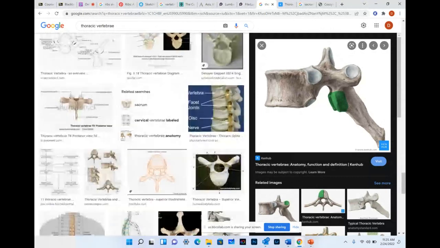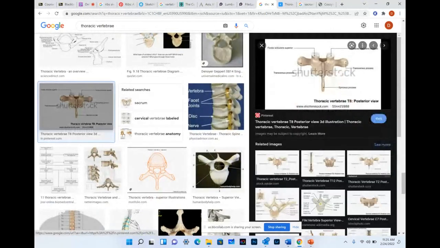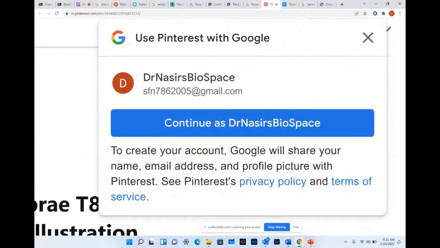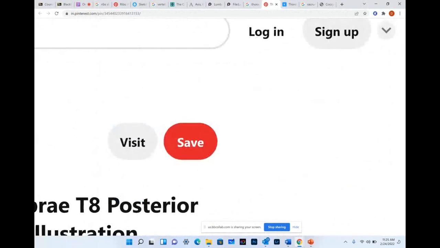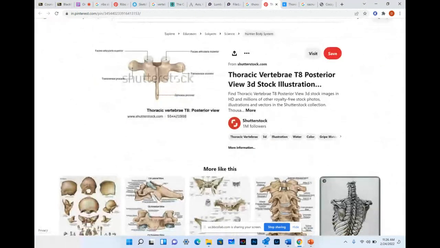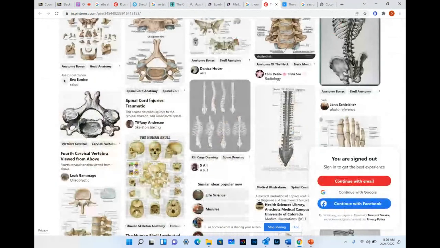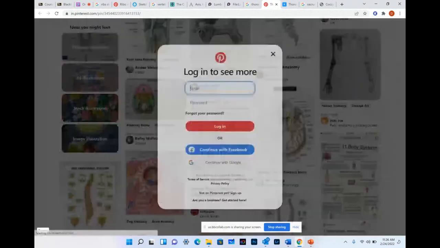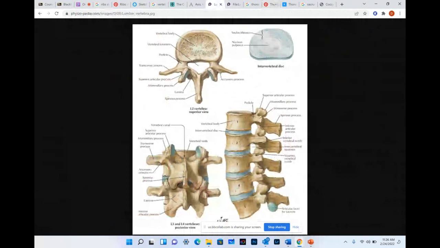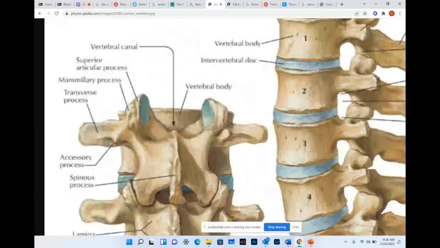Here, thoracic vertebra, when you look at it, it looks like a little giraffe. When you look at lumbar, it looks like a little moose. When you look at it, it looks like a little moose.